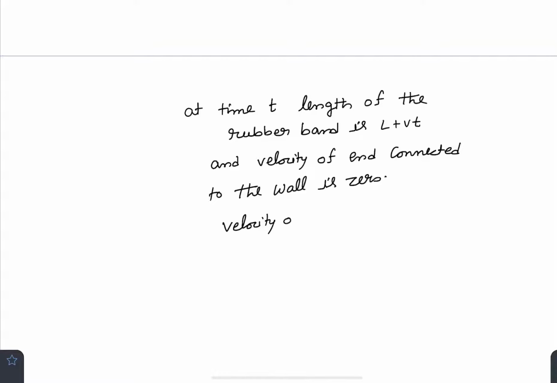The velocity of the rightmost point is v. Based on these two pieces of information, what can we say? We could apply the unitary method to get the velocity of any point, as velocity is linearly distributed over the length.